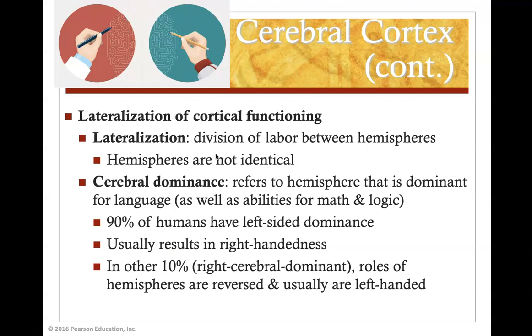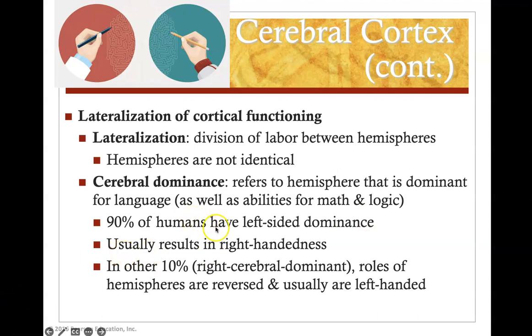So whatever that hemisphere is, it's also the dominant one for your abilities for math and logic as well. So about 90% of humans have left-sided dominance. And as you can guess why, because remember, we have that crossover for a lot of our motor functions. So we call that contralateral.